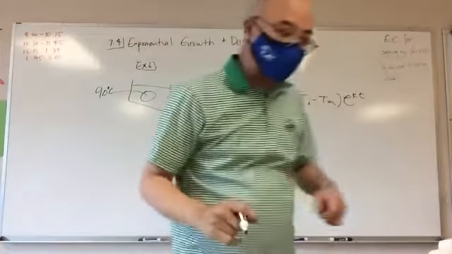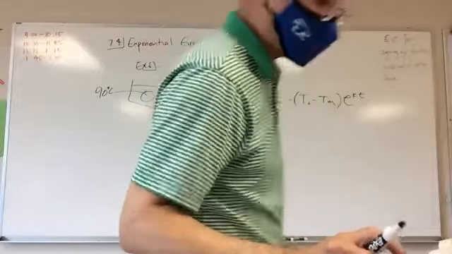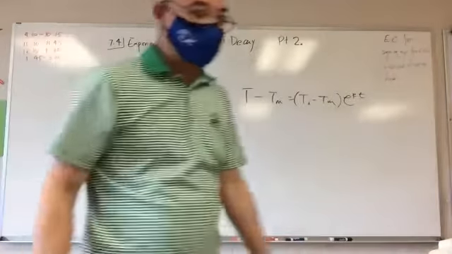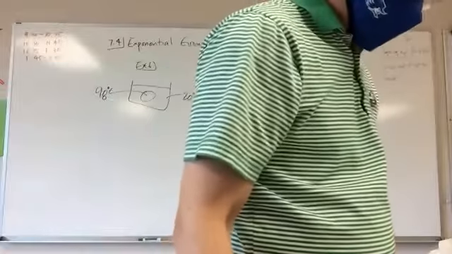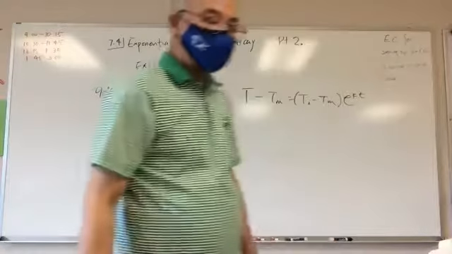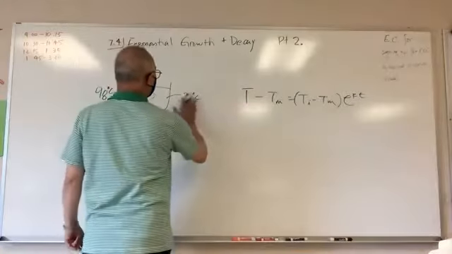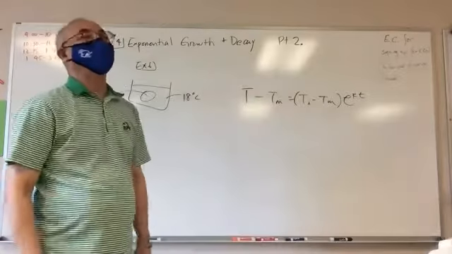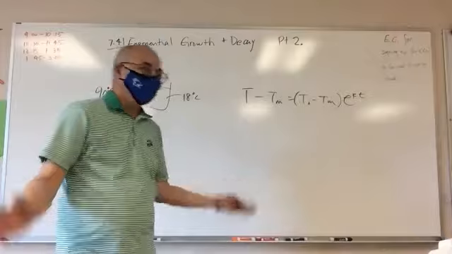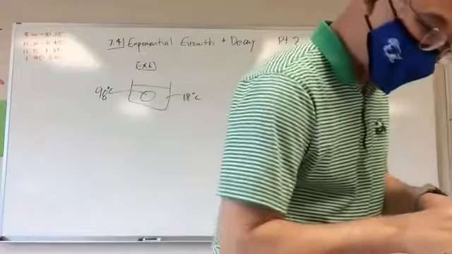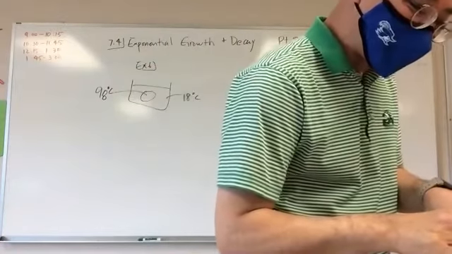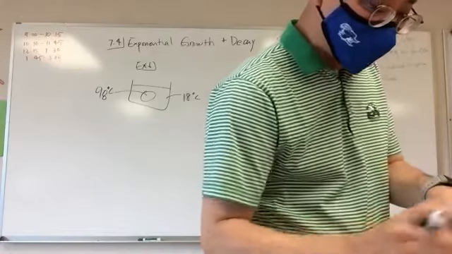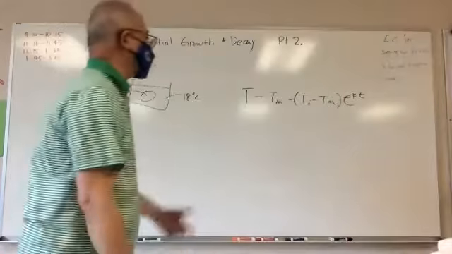Example number 6, we have a hard-boiled egg at 98 degrees Celsius. Not 90, it's 98 degrees Celsius. Put in a pan under running water of 18 degrees, not 20, 18. That's more believable. After 5 minutes, the temperature is found to be 38. So what does that tell you? What are they trying to tell you?